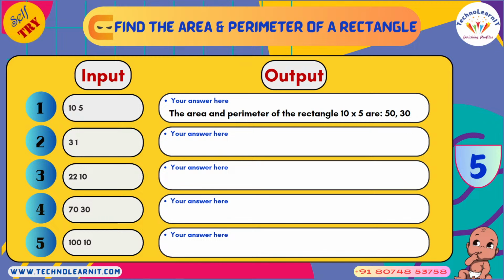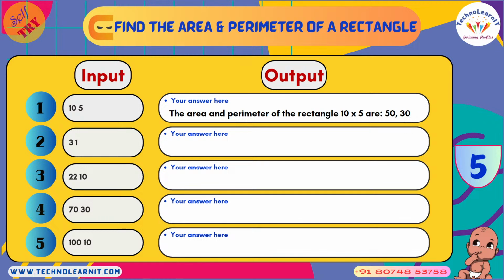The area of a rectangle can be computed by multiplying the length with the breadth. So in this example, 10 times 5 is 50, which is the value of the area. Add a comma over there, and then the second one, which is 30, is nothing but the perimeter of the rectangle, which can be computed by adding up the length and breadth. 10 plus 5 is 15, and multiplying it by 2, because 10 and 5 are nothing but the sides of the rectangle, and in total you will have 4 sides to a rectangle.